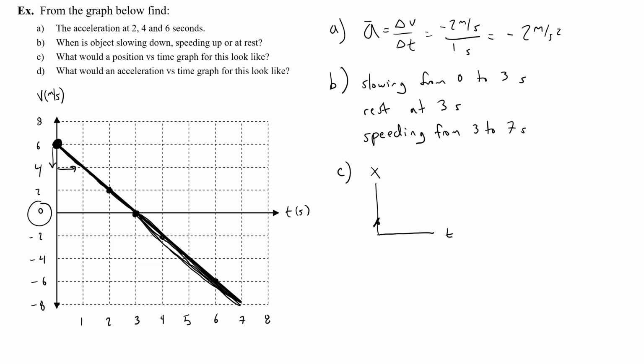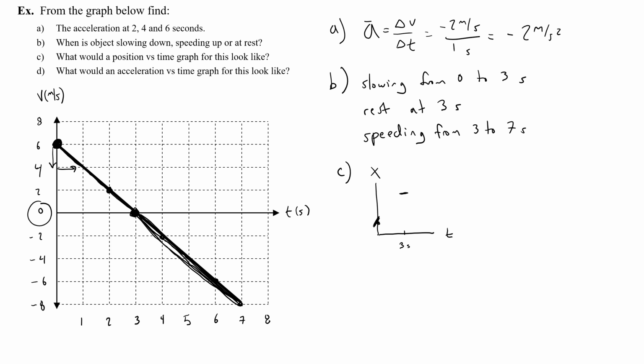So my line would start out at positive 6. But here at 3 seconds, let's mark it right here, I know that I would need to have a velocity of 0, because right here it says I have a velocity of 0. That means my graph, my position, has to somehow be flat, have a slope that's flat at that 3 seconds.